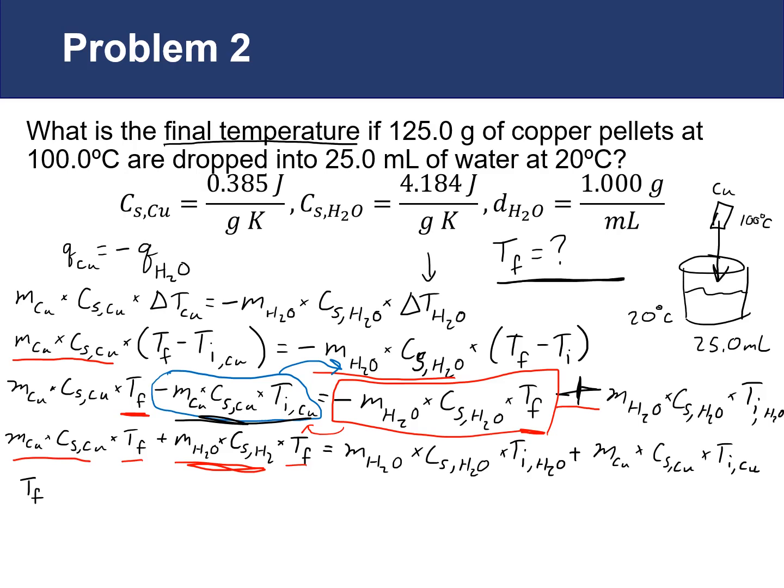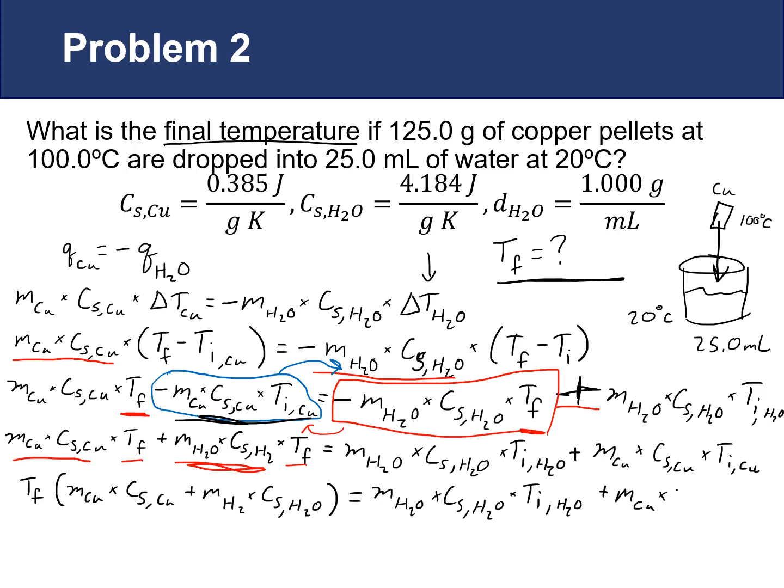So temperature final times mass of copper times the specific heat capacity of copper, plus the mass of water times the specific heat capacity of water is equal to what we had before, which is the mass of water times the specific heat capacity of water times our initial temperature of water, plus the mass of copper times the specific heat capacity of copper times the initial temperature of copper.